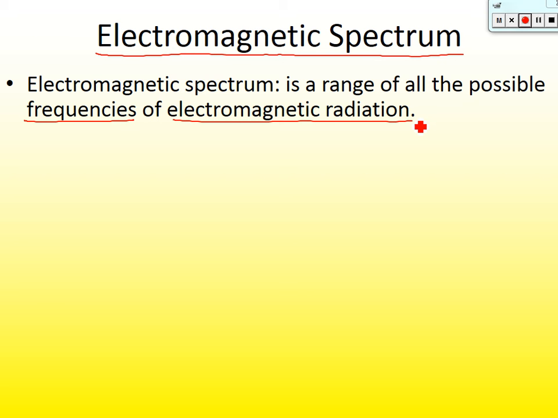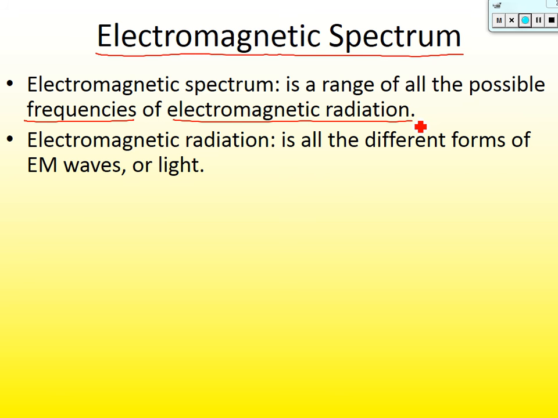So it's all the different frequencies of light that the electromagnetic spectrum includes. Electromagnetic radiation is all the different forms of EM waves, or light. So this spectrum just includes all of them. Can we see with our eyes all of the different forms of light? The human eye can only pick up a small portion of that spectrum.